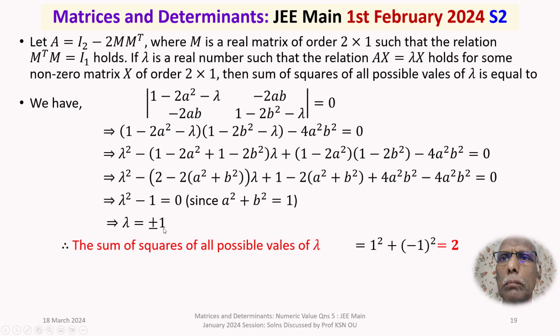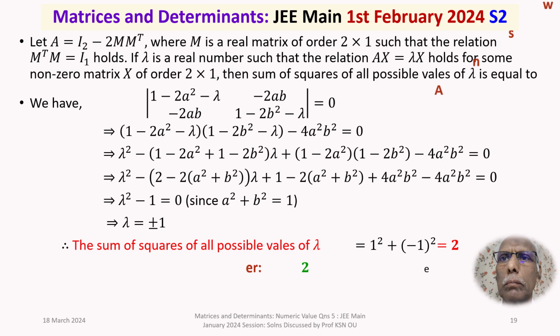The first value is 1 square plus the second value minus 1 square, that is equal to 2. So the sum of the squares of all possible values of such lambda is computed to be 2. The answer to this question is 2.